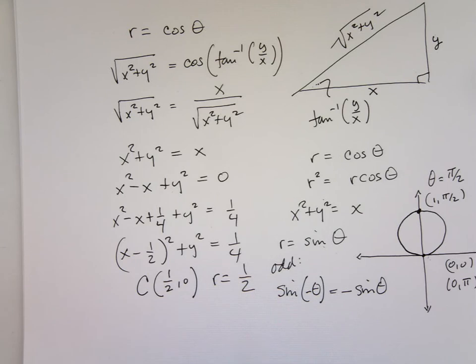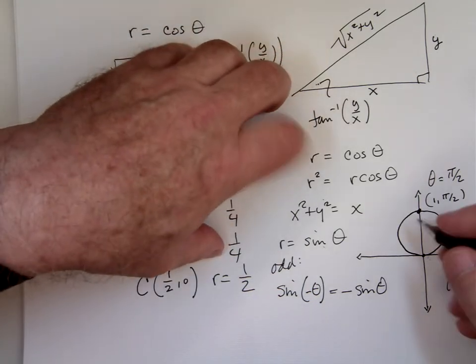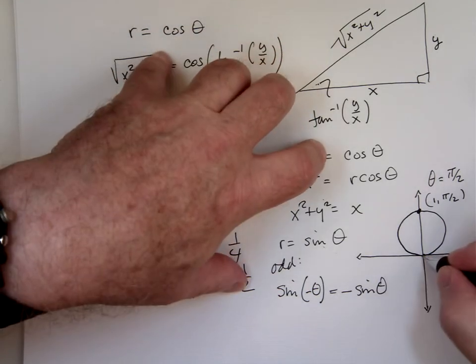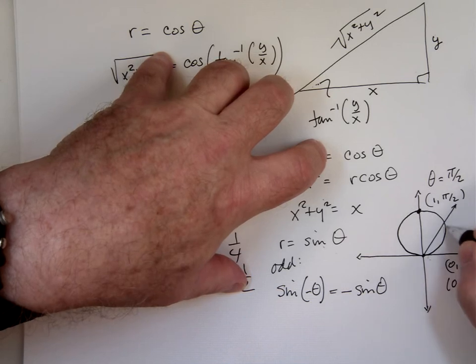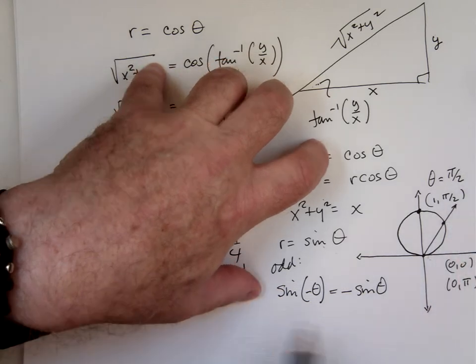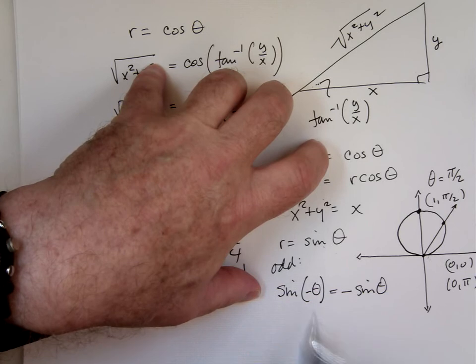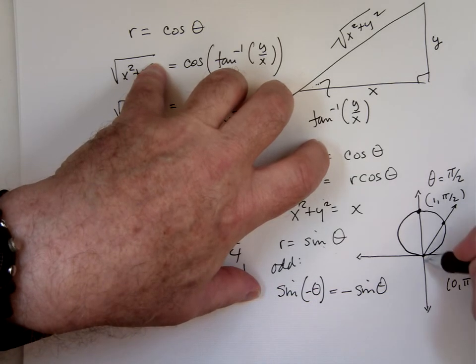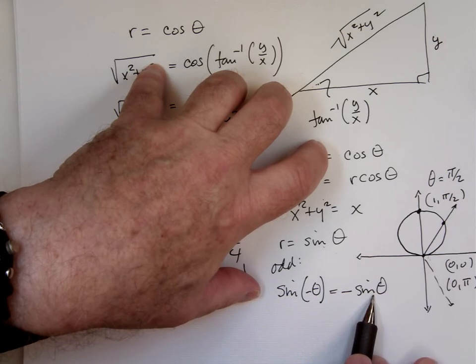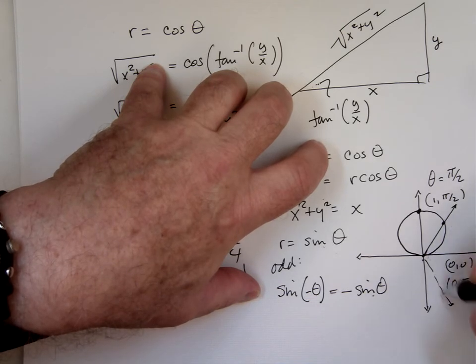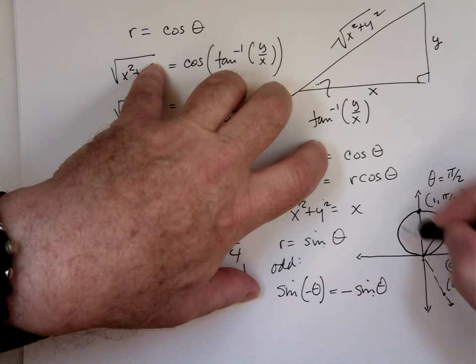Here, let's take some theta and some r. You get this. Okay? Now, I'm going to replace theta with its opposite. Instead of this, I'll get this. But I get the opposite of the sine. I get the opposite of this distance. I get a negative value for r, which takes it from here and moves it this way. The same distance. Okay? Guess what?